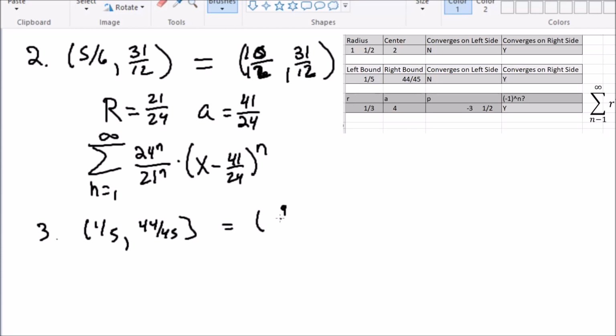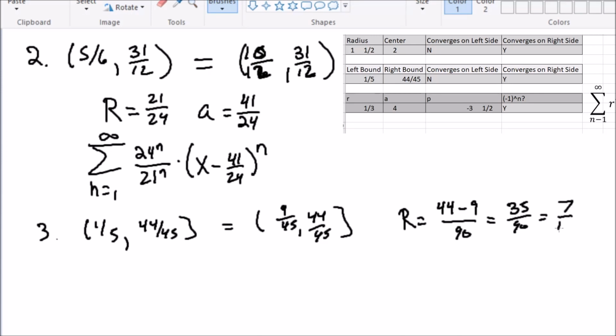So this is 9 out of 45 to 44 out of 45, including on the right bound. So then my radius is going to be 44 minus 9 over 90, which is what, 35 over 90, which is 7 over 18.